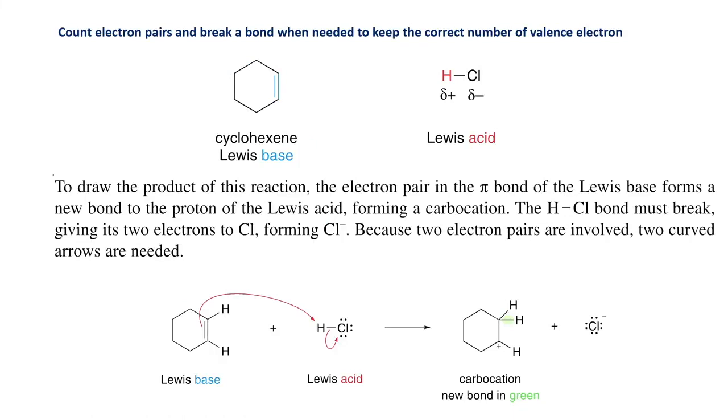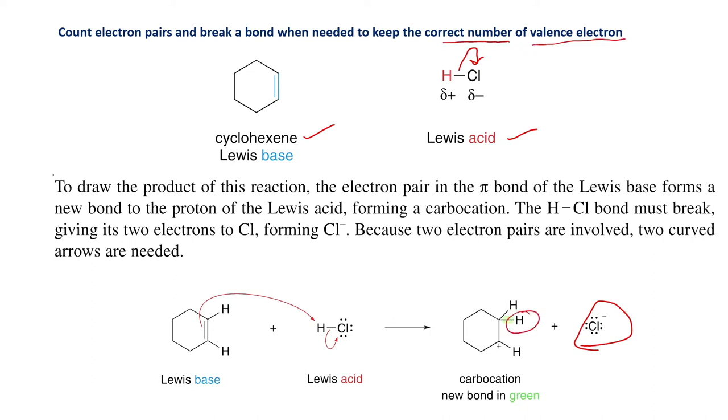It is not always necessary that you only make a single bond without breakage of any other bond. For example, when this cyclohexene reacts with a Lewis acid, this chlorine comes out, because you have to correct the number of valence electrons of this hydrogen.